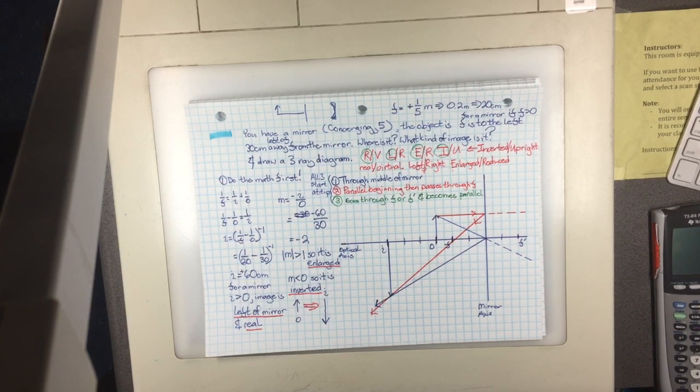So the big 3 points of ray tracing: first ray through the middle, second ray starts parallel, third ray becomes parallel.